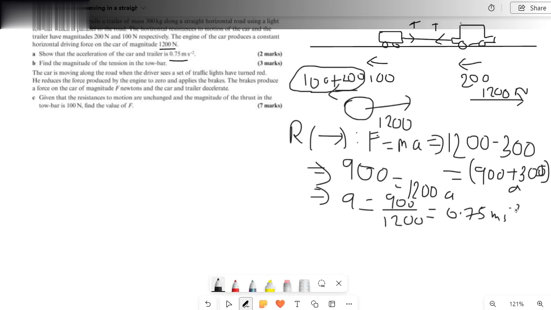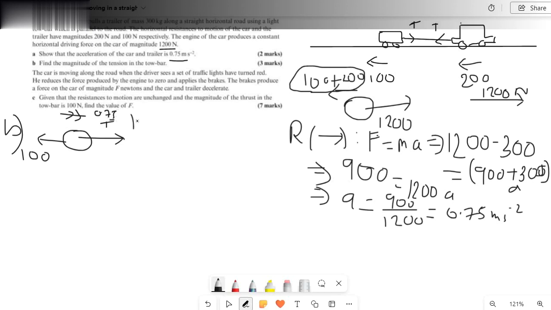For part B, we have to find the magnitude of the tension in the towbar. We can consider either the motion of the car or the trailer. Using the trailer, we have this being T and this is 100. The acceleration is to the right, being 0.75.